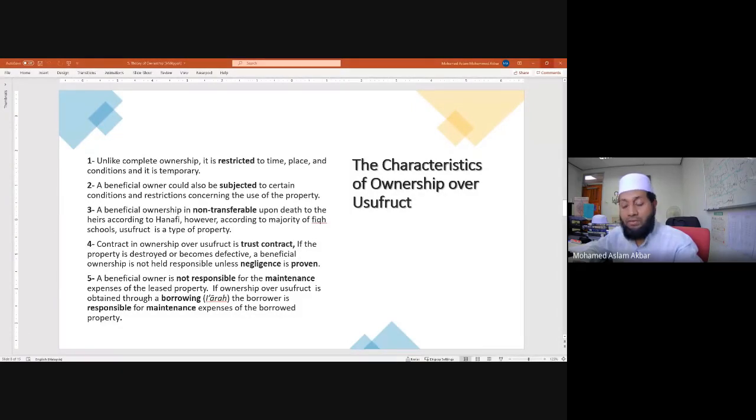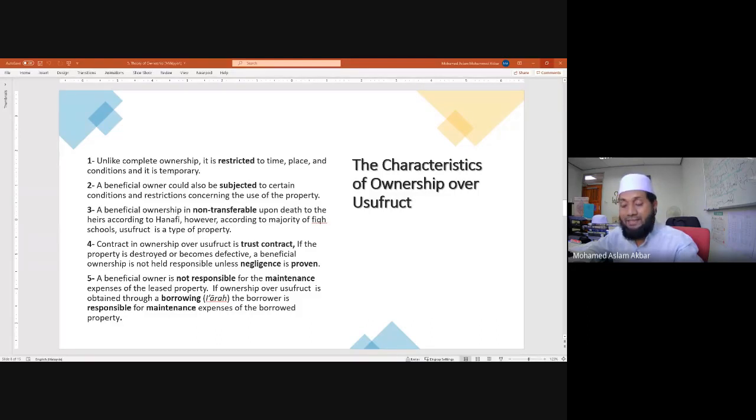What are the three causes? Contract, inheritance, and the rule of first possession. Then we talked about the divisions of private ownership. It goes into two divisions: complete ownership and incomplete ownership.